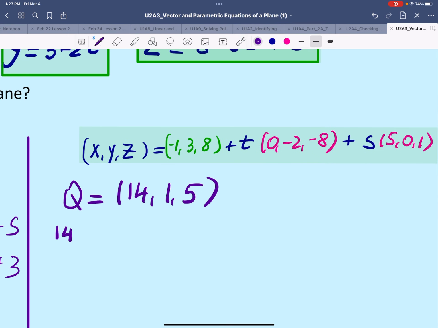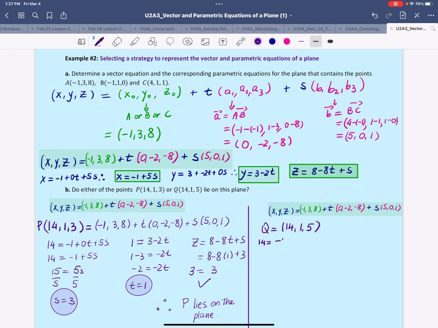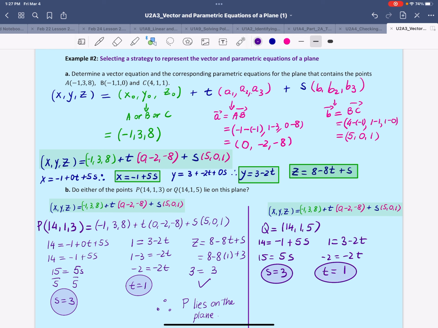We're using the parametric equation for x: 14 equals negative 1 plus 5s, so 15 equals 5s, s equals 3. Next we have y equals 3 minus 2t, so again, the y value of 1 equals 3 minus 2t. That gives negative 2 equals negative 2t, which makes the t value 1. With these two values, we're going to build the equation for z.